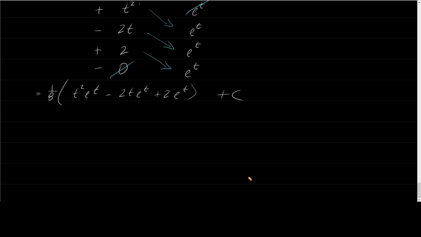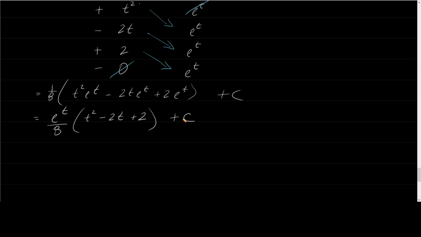Now, I noticed that everything has an e to the t, so I'm going to factor that out. So what I have here is just e to the t over 8 times t squared minus 2t plus 2, plus c.